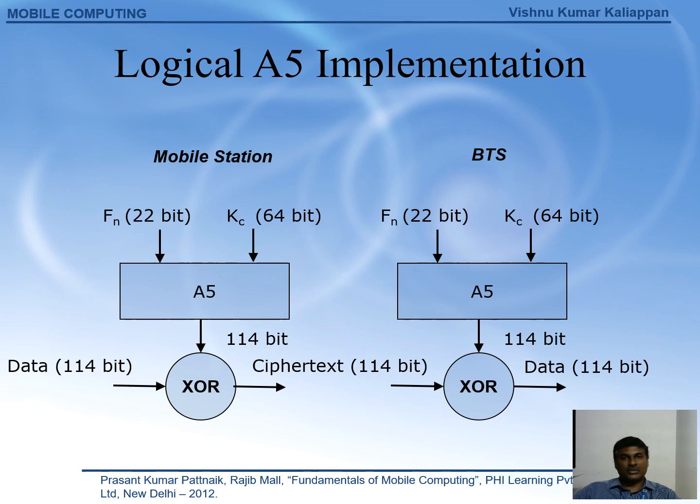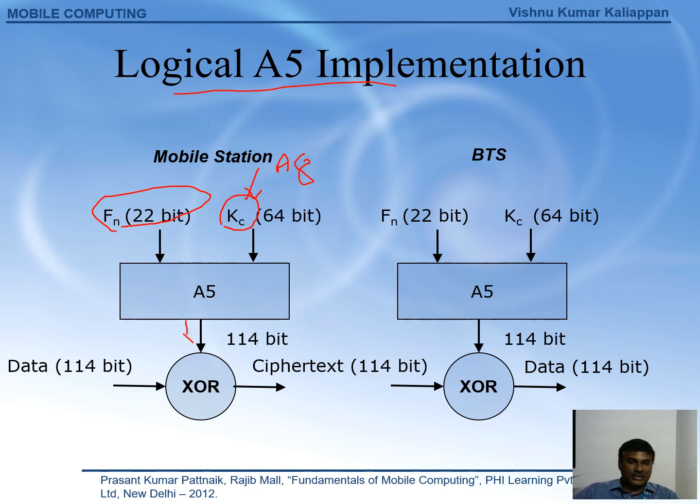And this is the logical process of how this A5 implementation works. As we know, from the mobile station, with the help of the A8 algorithm, we get this KC, and then the frame number function FN, which is 22 bits, is given as input by the SIM card to the A5 module.